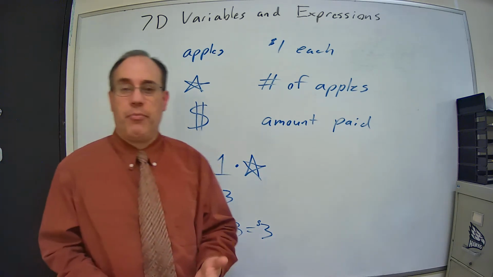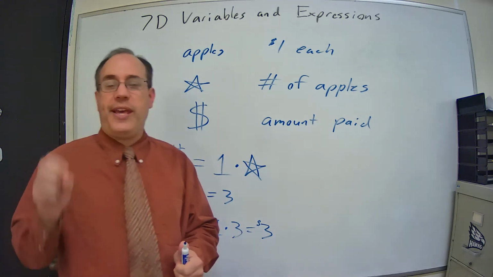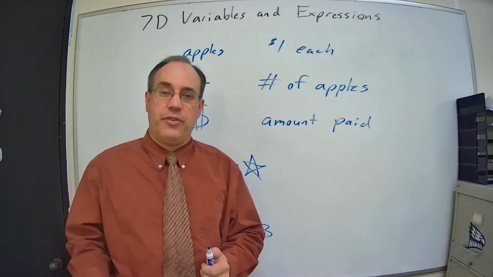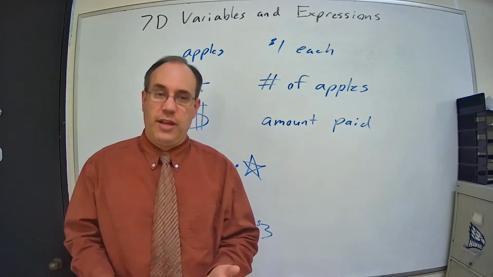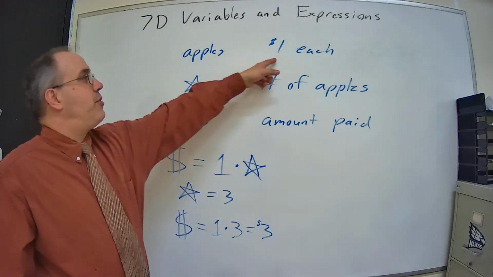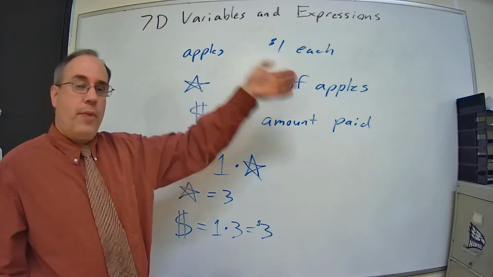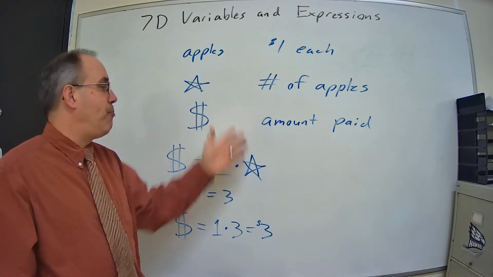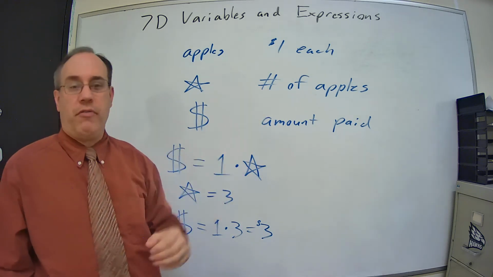So that variable is just something that we can plug anything we want into. We can plug in any number into it, and then we can do our calculations, as opposed to something that is fixed. It was $1 for each apple, no matter how many apples I bought. But different people may buy a different number of apples.